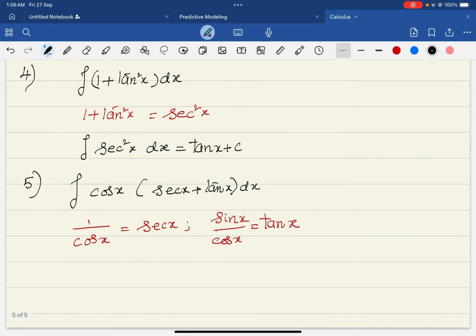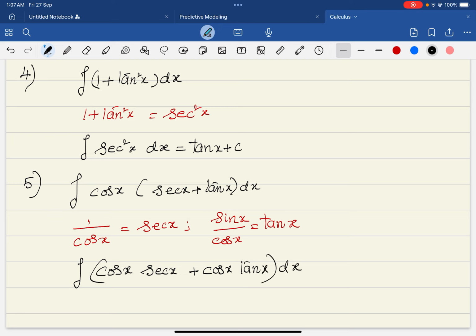So now how will you write this? We have to multiply cosine x with secant x plus tan x. So that is cosine x times secant x plus cosine x times tan x dx.